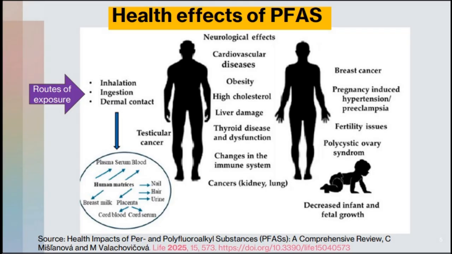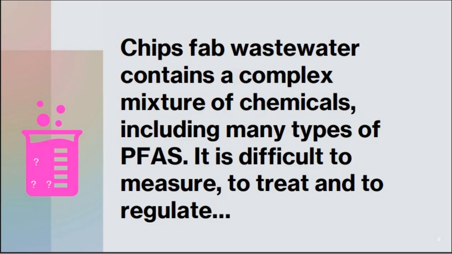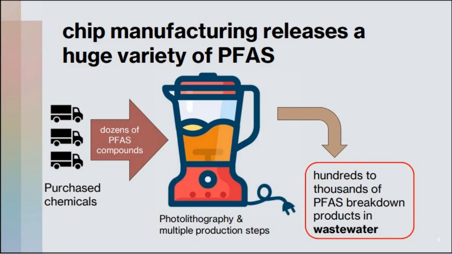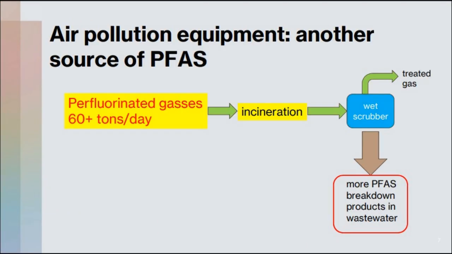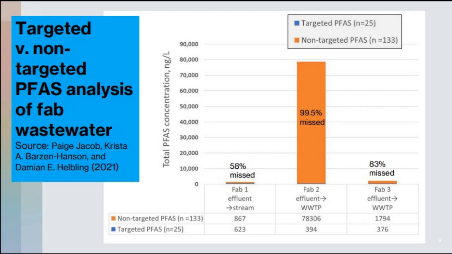The point of this is that they use a bunch of compounds, and then in the process they produce a giant variety of these things. Let's just look at this one graphic that shows targeted versus non-targeted PFAS analysis of fab wastewater. This is research done at Cornell.